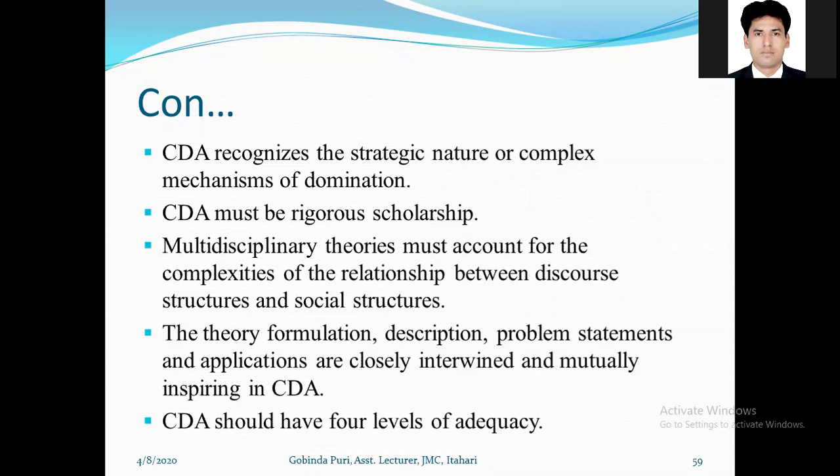CDA means it has to follow mainly the internal system. Are you getting me or not? Santosh sir? Okay. Anyway, we are running out of time. Very, very good question you raised.